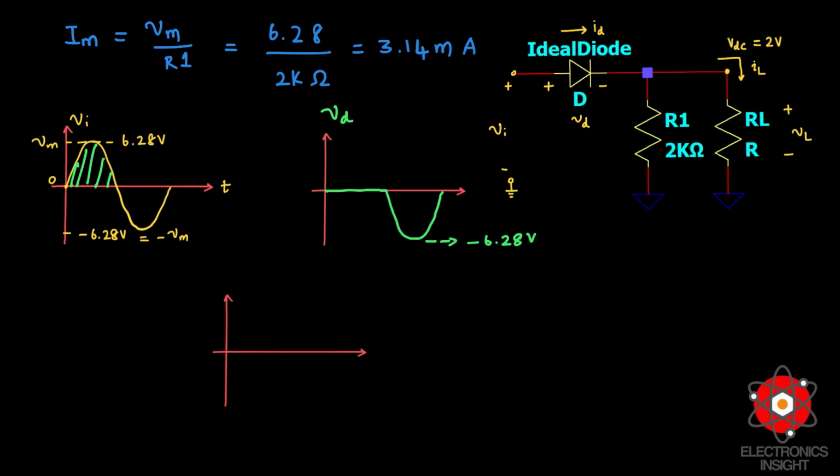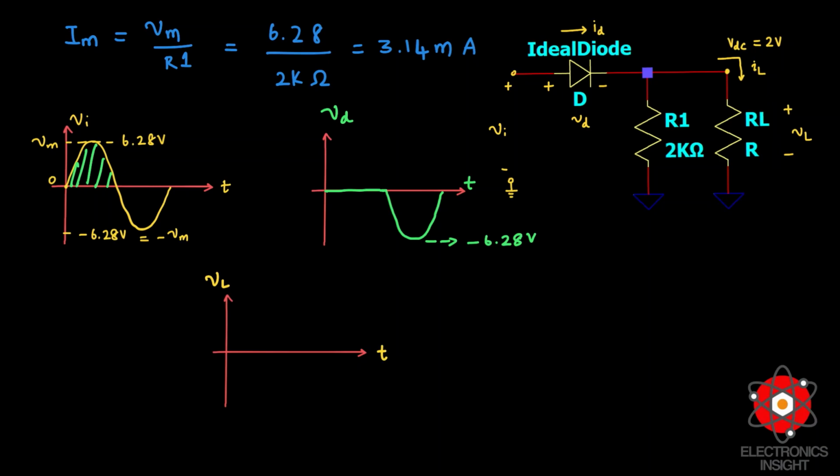The remaining voltage to be calculated is the voltage across the load resistor, which is VL. When the diode is in forward bias, whatever input voltage we have given to the diode will be reflected across this load resistor.